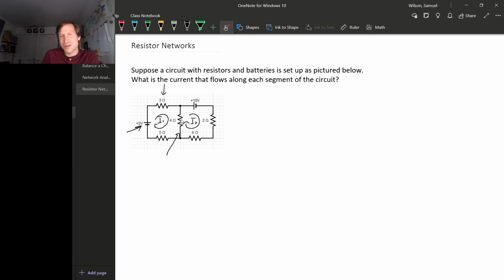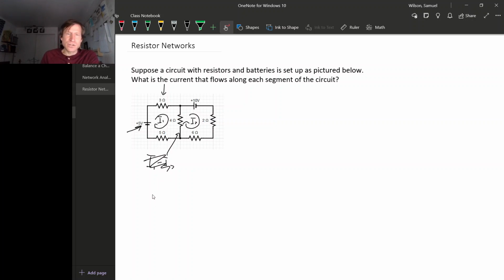So the current through the middle is just going to be I1 minus I2, or I2 minus I1, depending on which way the current is going. So we actually don't need separate variables for each individual leg of the circuit. We just need a current variable for each loop in the circuit.